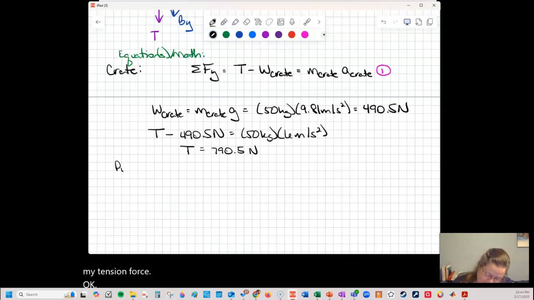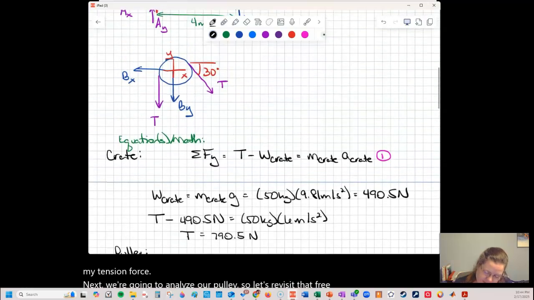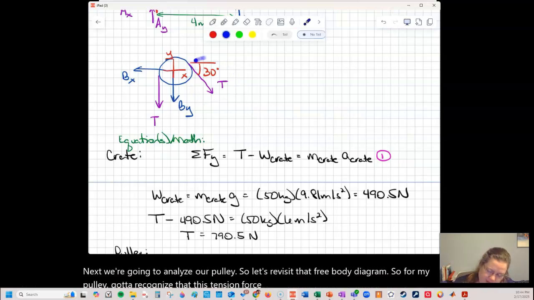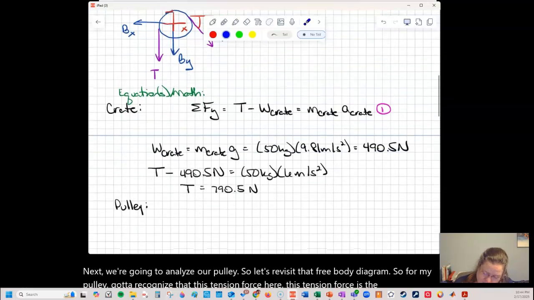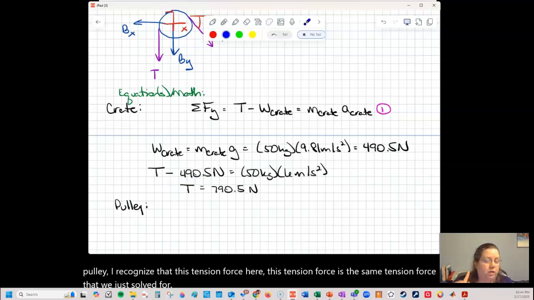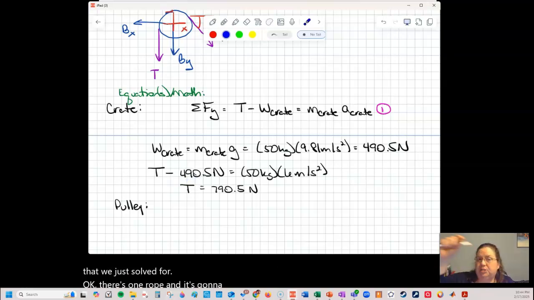Next, we're going to analyze our pulley. So let's revisit that free body diagram. For my pulley, got to recognize that this tension force here is the same tension force that we just solved for. Okay, there's one rope and it's going to have the same tension all throughout the entire rope.